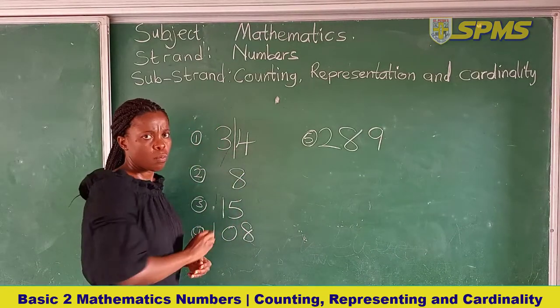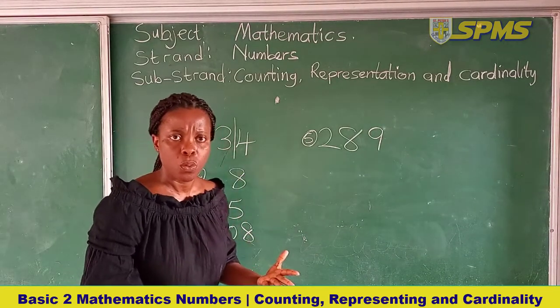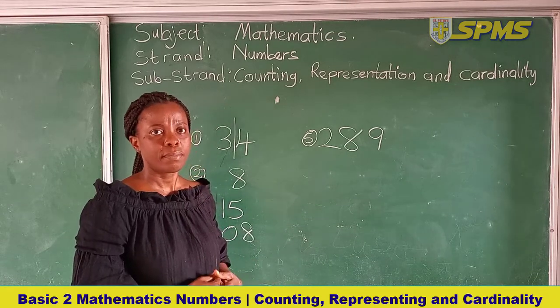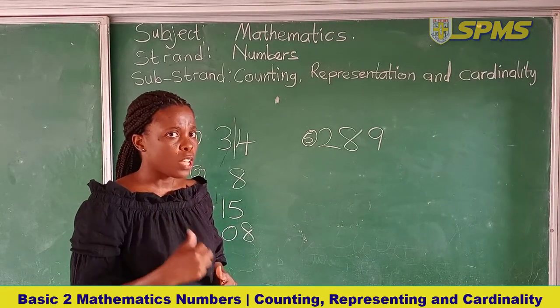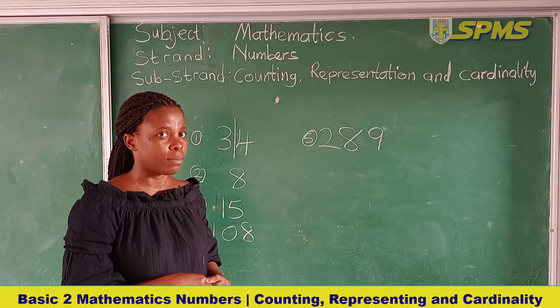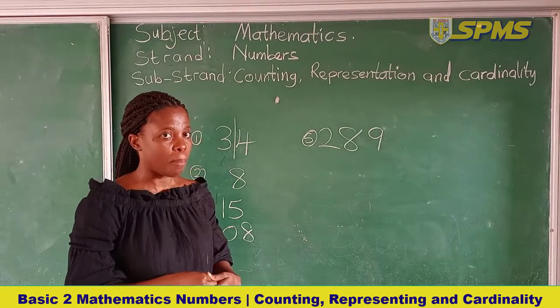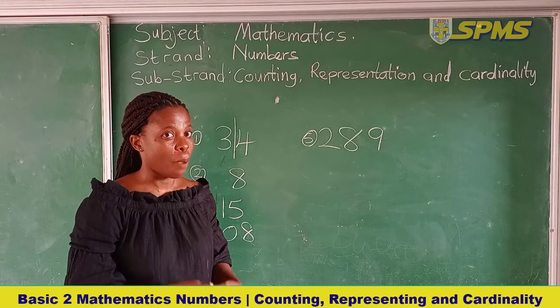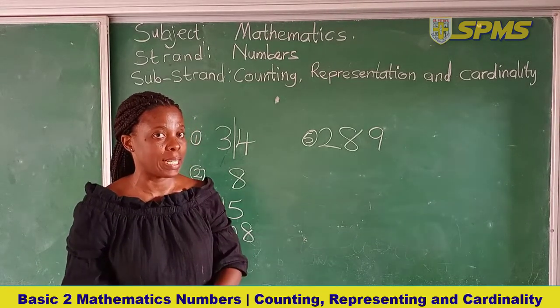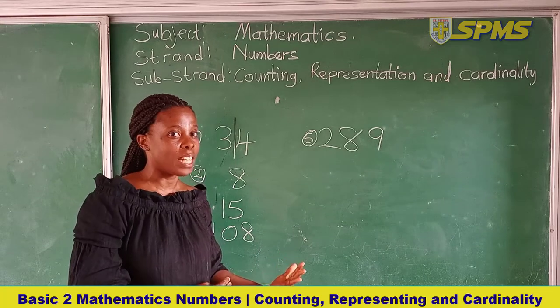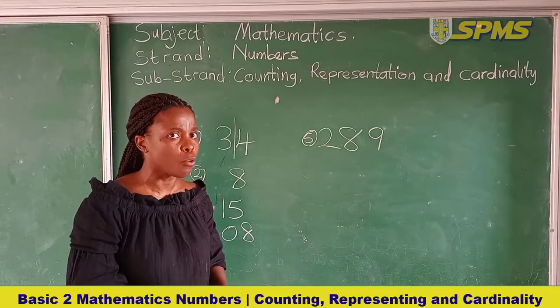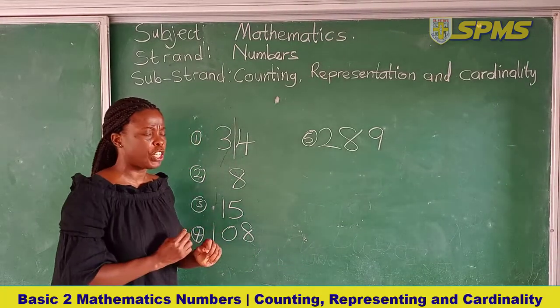So 4, which place value is it at? Remember your tens and ones in class 1. We also represented numbers using bundles and loose straws. We said the loose ones are called ones, and the ones that are in tens, we said they are bundles. Very good.